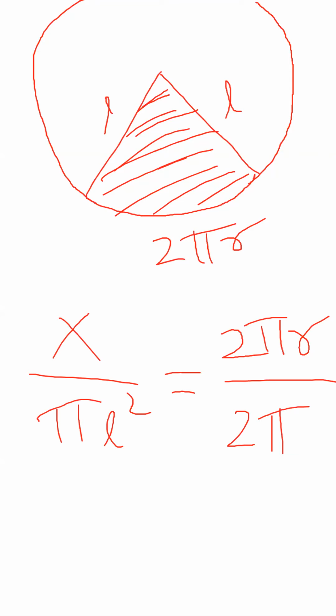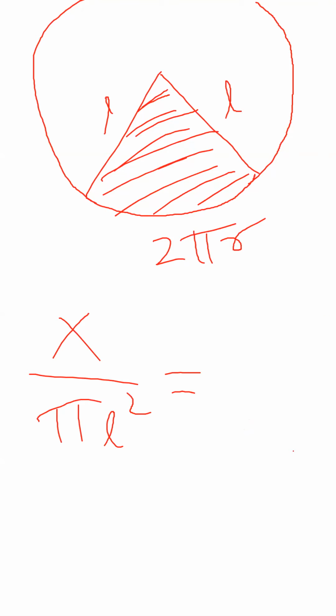Once again, tell me, I am not understanding. This is the area we have to find, x. This is the circle area that we already know, pi L square.